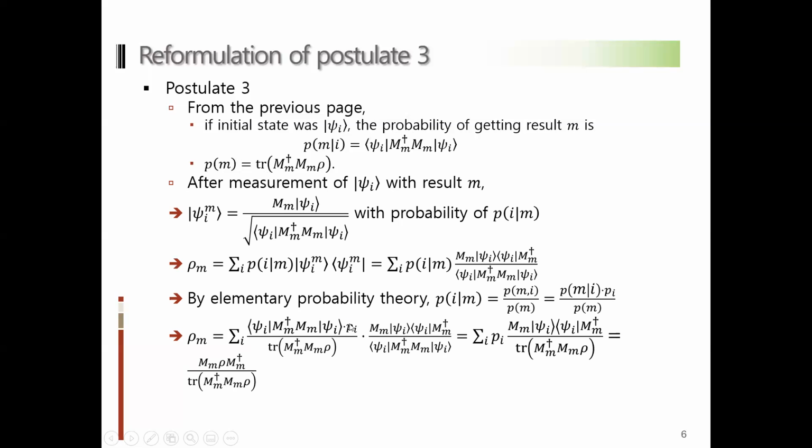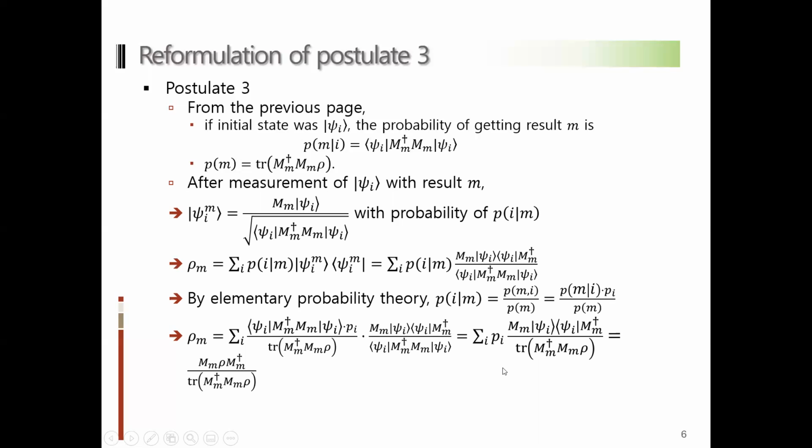I just copy down the remaining part like here. Now you can see that the numerator and denominator have the same factor, so they will cancel with each other. Then the denominator will have only this part, and this factor will come out here, and the entire expression will look like this.